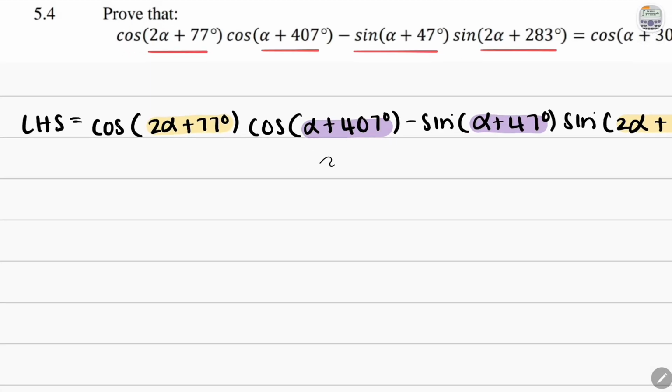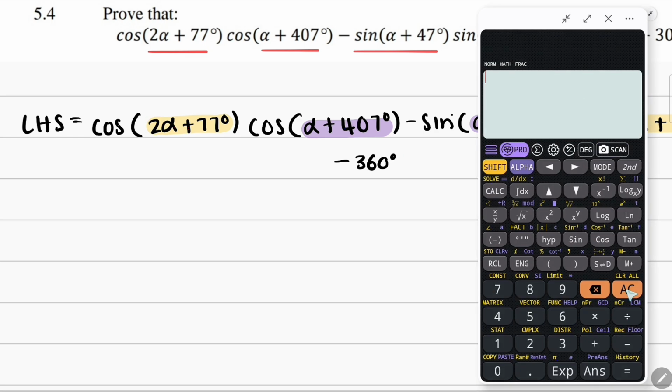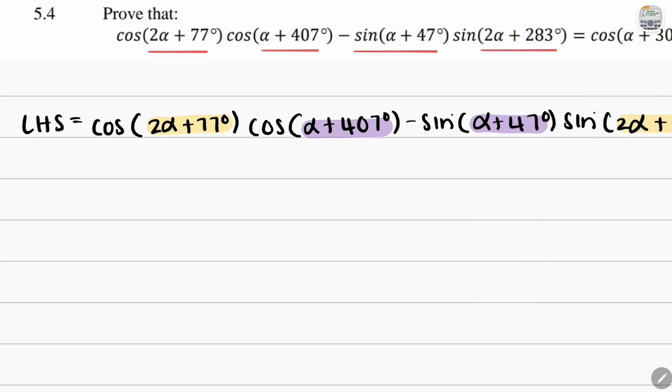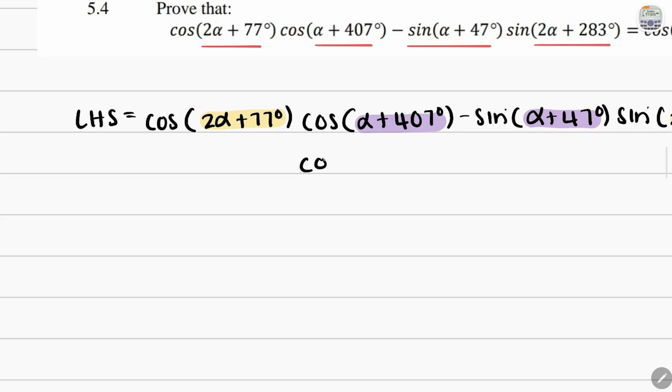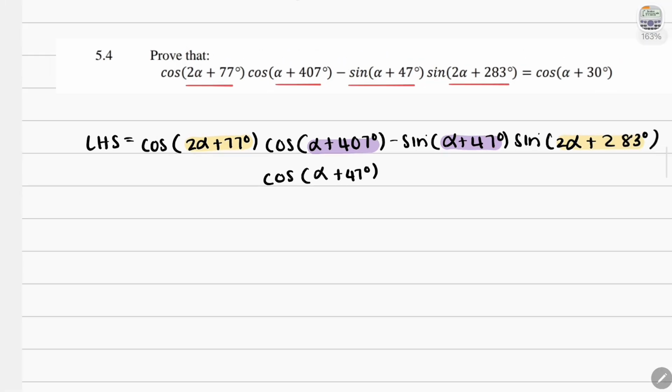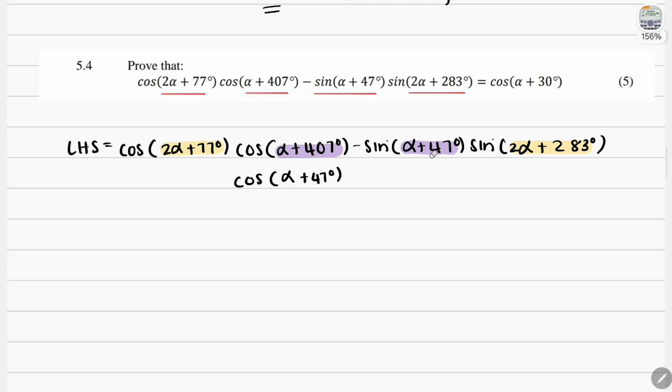It works out fine. If we simplify this, because it's 407 degrees, it's an angle that is greater than 360 degrees. Okay, so in order to just bring it back so that we can understand it, you can subtract 360 degrees from this. And if you say 407 minus 360, you see you get 47 degrees, which is good. Okay, so this becomes cos alpha plus 47 degrees. Great. And now you see how it ends up looking like that.